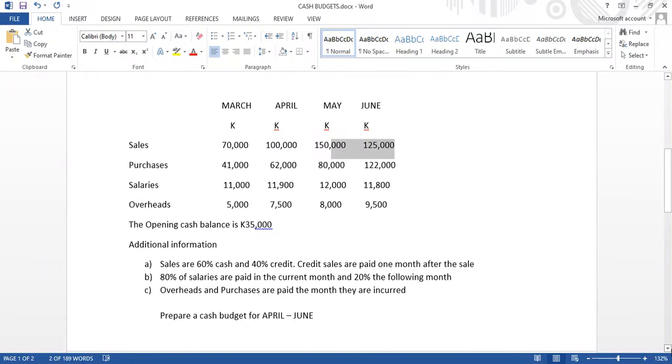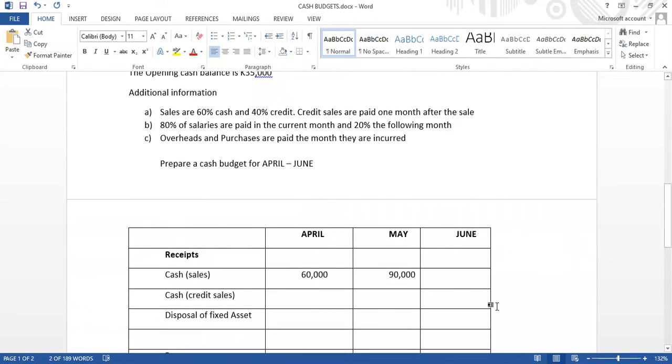June, it's 125,000. So we get 60% of 125,000. We get 75,000.